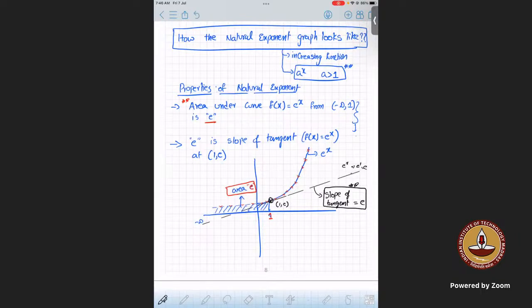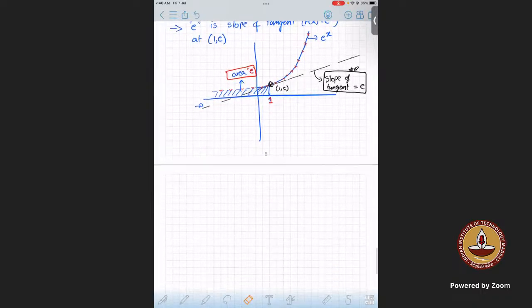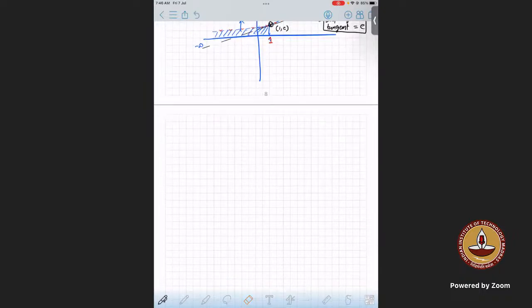Clear till now? Then we'll do one example problem.